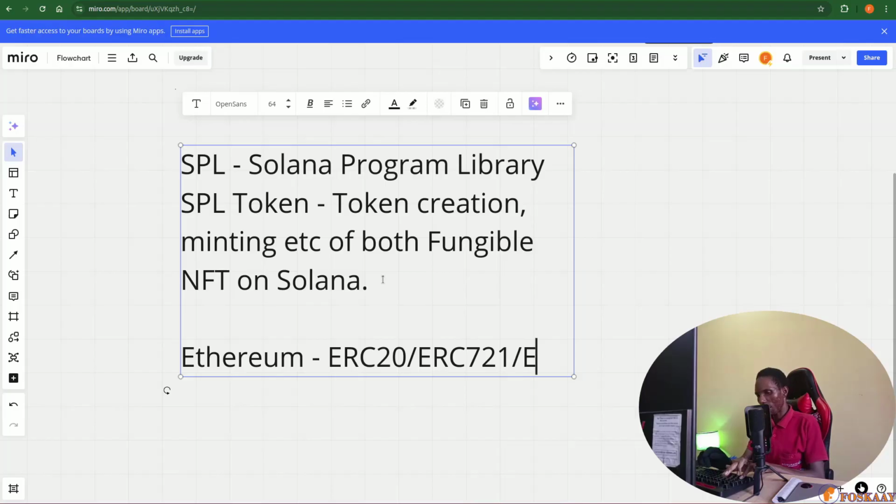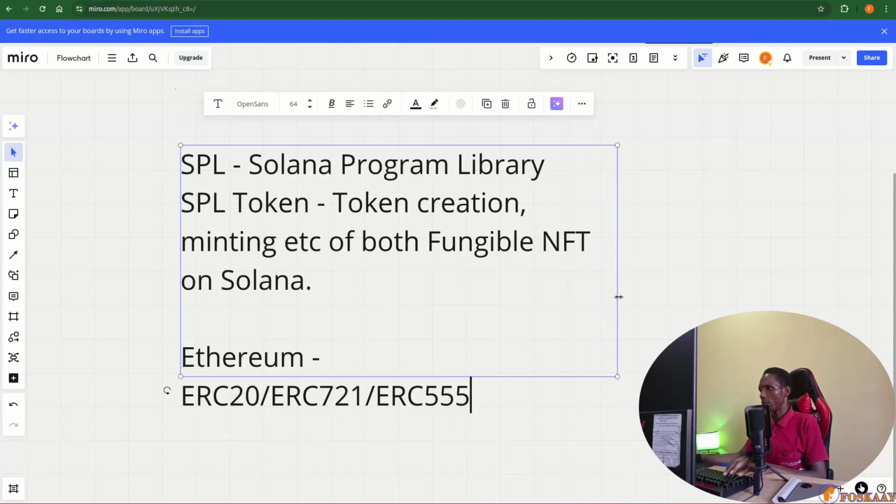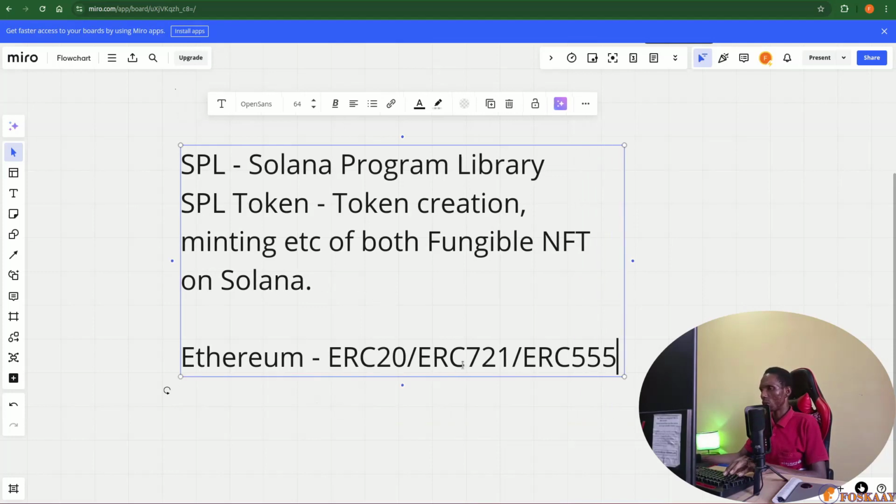Then you also have, I think, ERC 1155 or things like that, which is like a hybrid of ERC721 but at the same time has some features of ERC20, usually much recommended for games and things like that. I don't think I remember this code correctly.